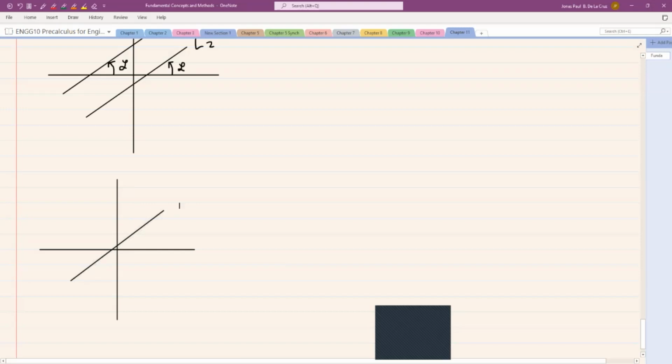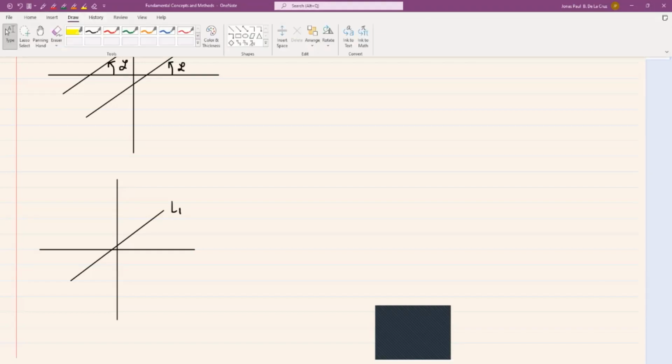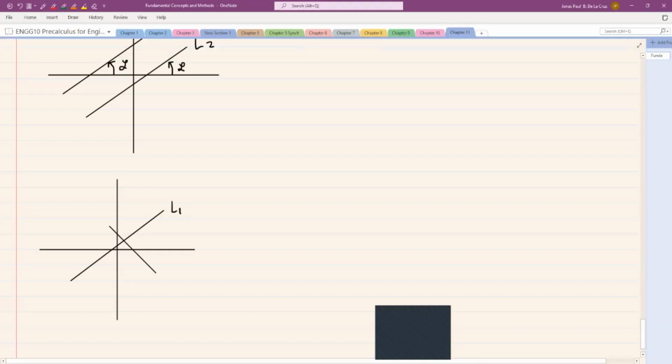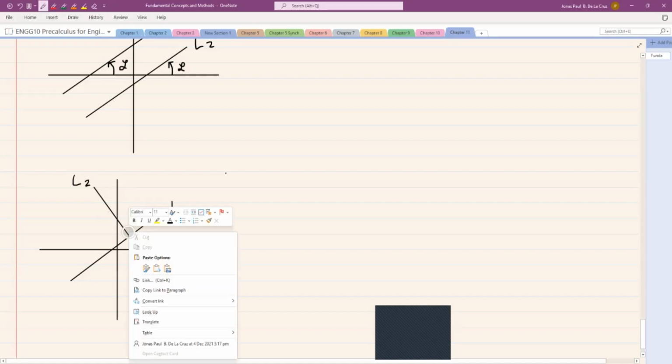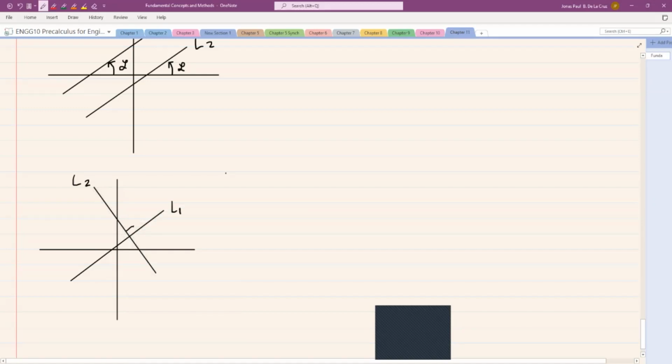For example, if this is our line L1, yung line L2 natin ay ganyan. Ito yung L2 natin. So meron tayong 90 degree dito na angle between L1 and L2.